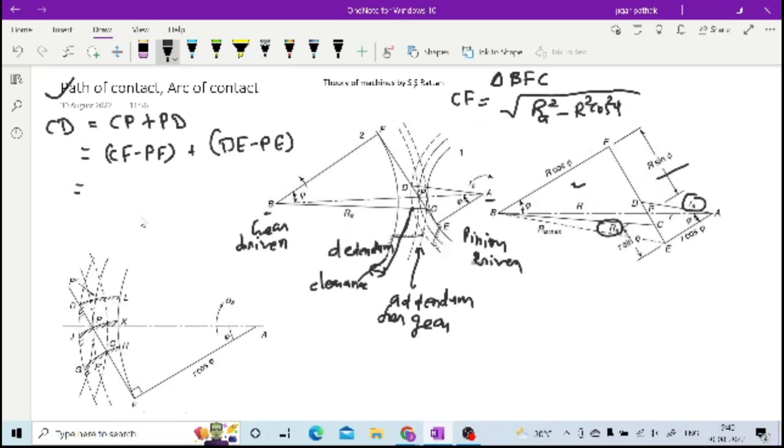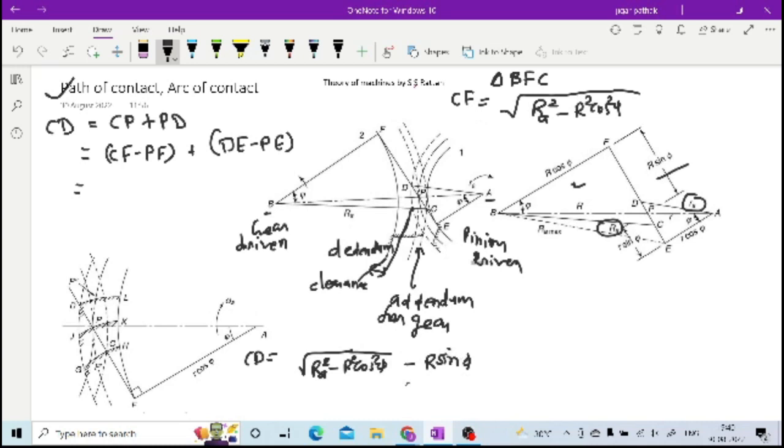So I am writing this here: now CD is equal to CF, which is nothing but the square root of RA square minus R square cos square phi, minus this R sin phi.